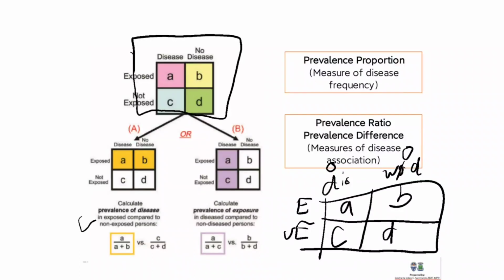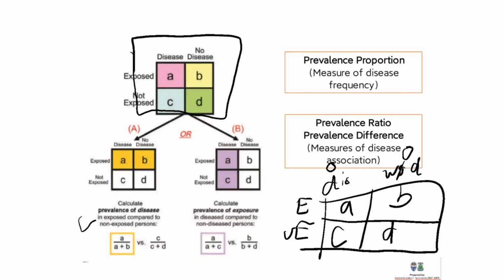Pag sinabi naman prevalence of exposure, babaliktarin mo lang. So, A over A plus C. So, instead of yung sa denominator mo would be the outcome, so, dito, ang gagamitin mo yung mga exposure na, no? Yung exposure.